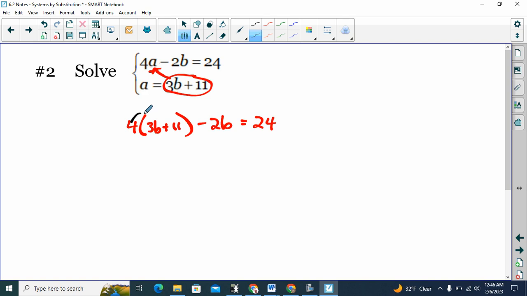From here, we distribute 4 times 3b, 4 times 11. That's the end of the parentheses, so I'm done distributing. I'm just copying everything else down. We are going to combine these like terms. 12b minus 2b. 12 minus 2, I've got a total of 10 b's.